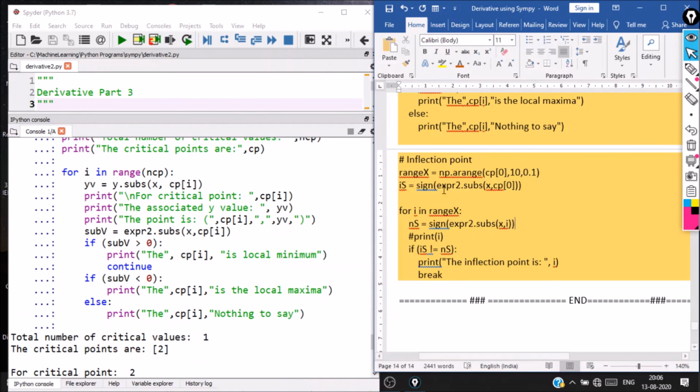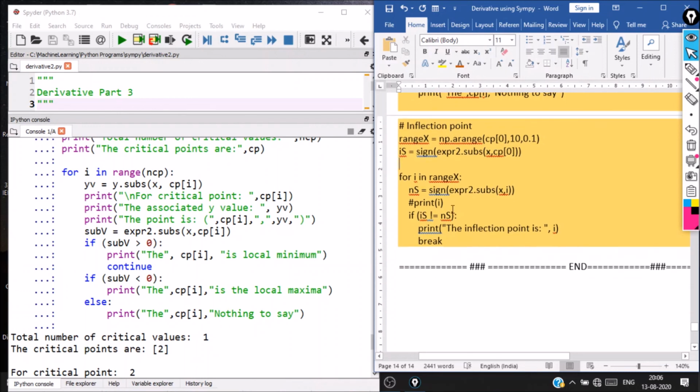First of all, we identify the leftmost value to some maximum value, and we see each and every value's associated d2y by dx square value. First, identify the sign of this expression, and when it changes.